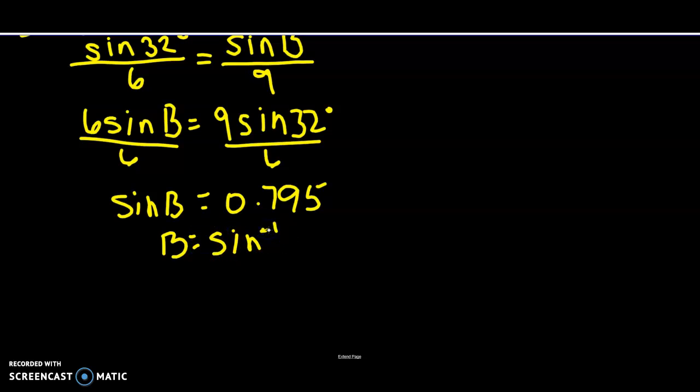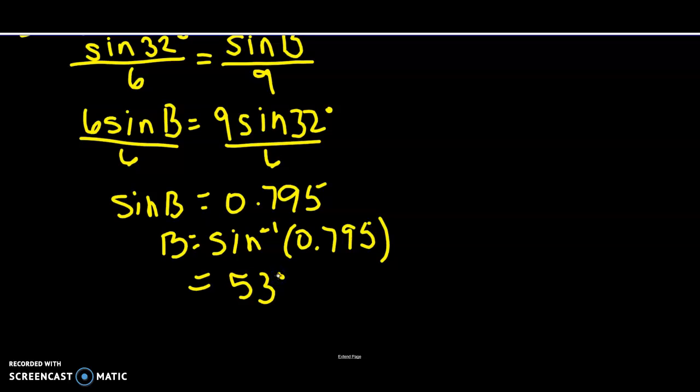Whenever you want to find the angle, you always end up taking the inverse. So my angle B is actually 53 degrees.